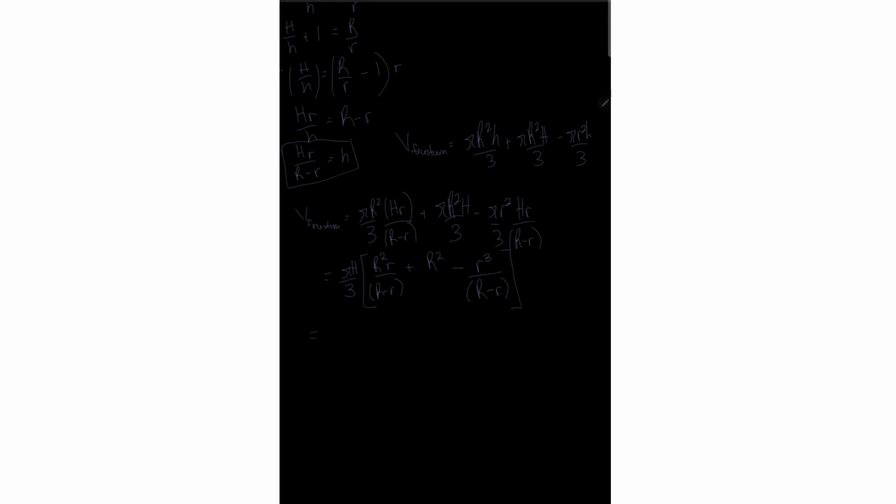Next thing I'm going to do is factor out that big R minus little r on the bottom. So I'm going to move that out of the brackets. So this will just be R squared little r. Now I'm going to have R squared times (big R minus little r) minus r cubed.